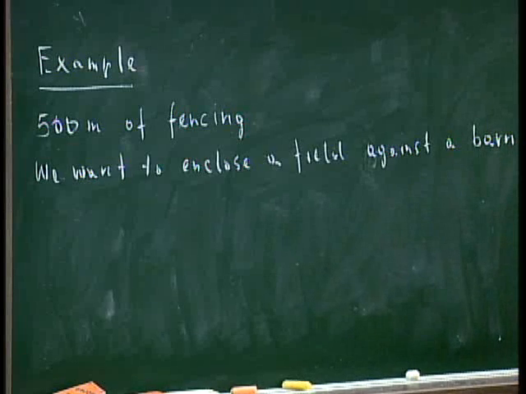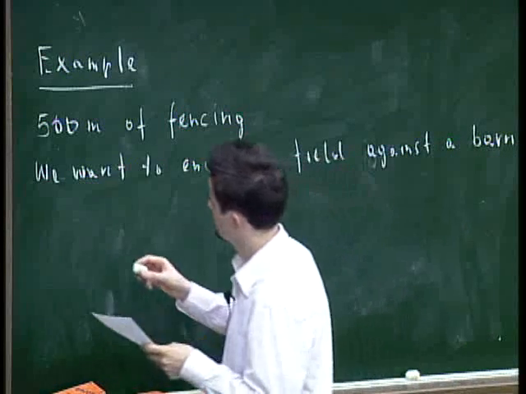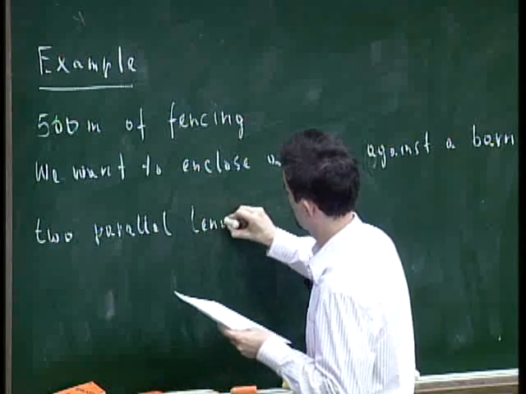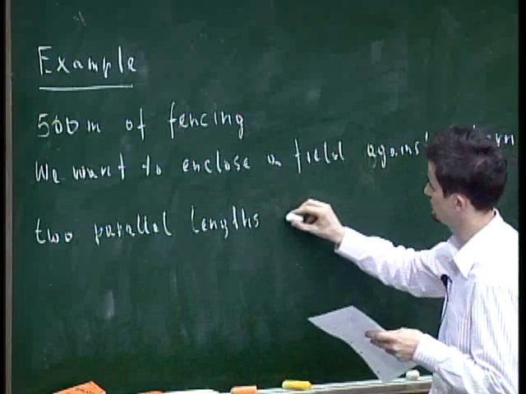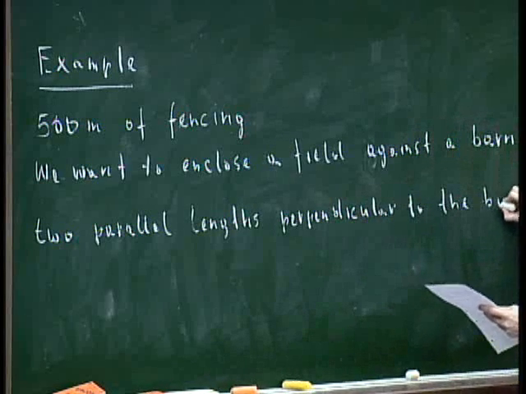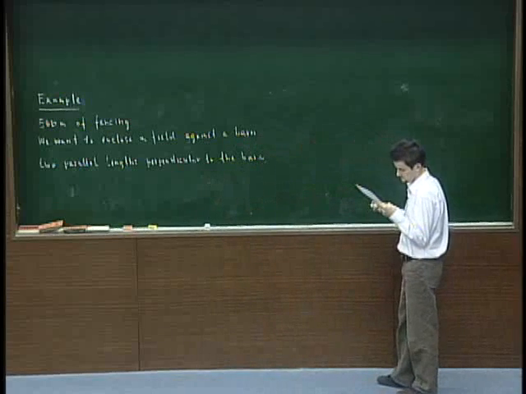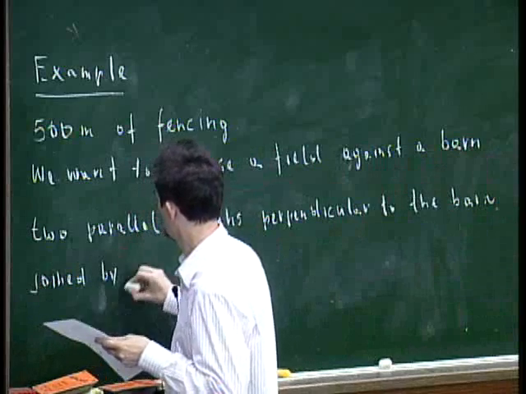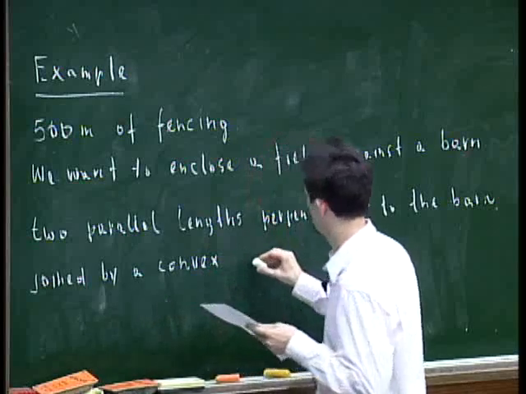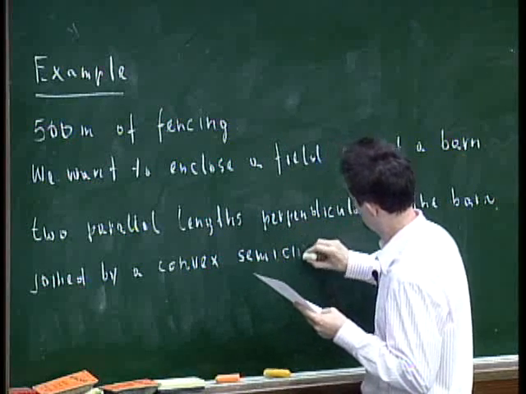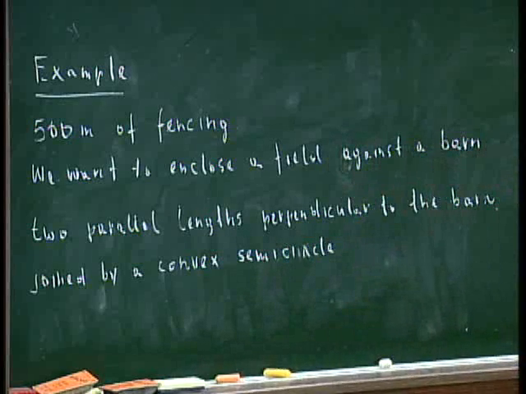Okay, now how do we choose the fencing? So we have two parallel lengths of fencing which are perpendicular to the wall of the barn, and joined by a convex semicircle opposite the barn.